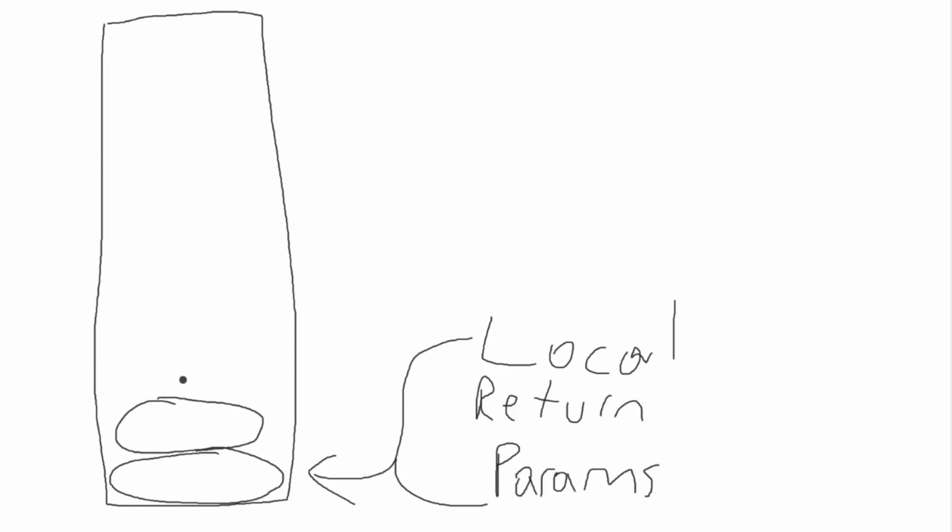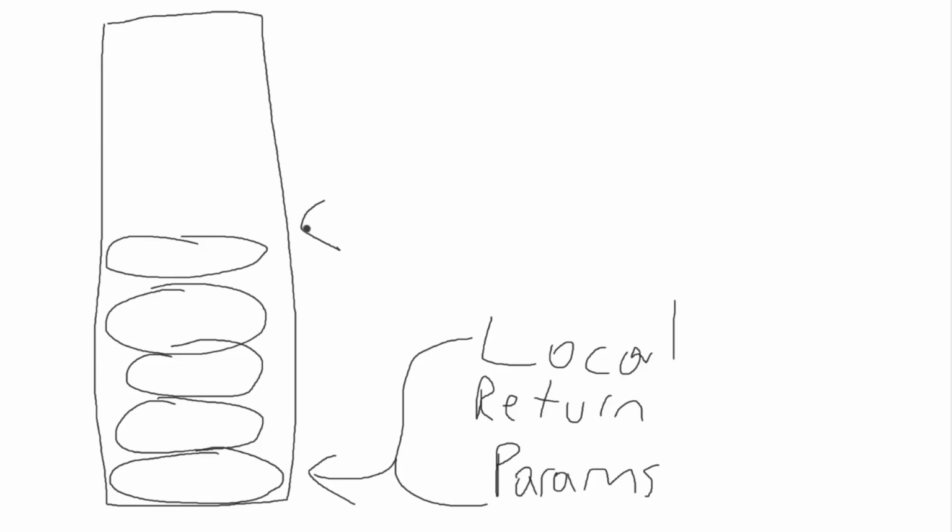So if we call a function within a function, we will have a lot of frames on top of the stack, and the stack pointer will point to the top frame of the stack, and the frame pointer will point to the bottom of the top frame to keep track of where these frames are and how to remove the frames when we pop them off of the stack.